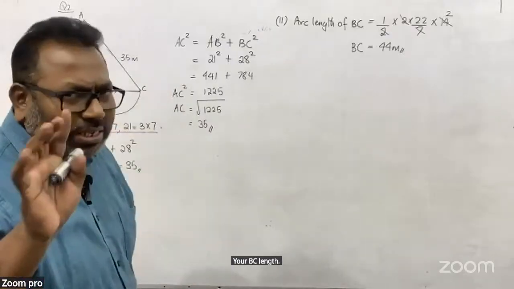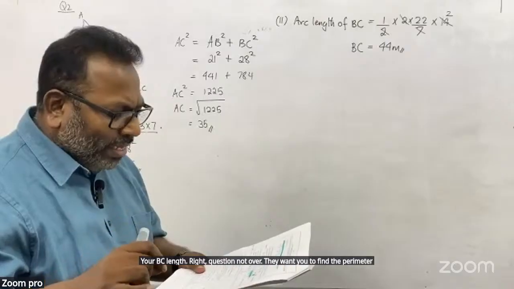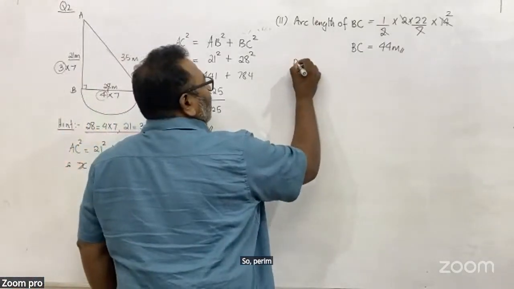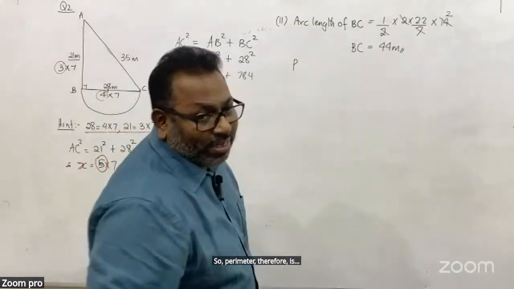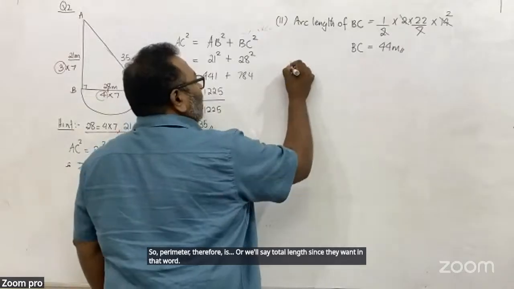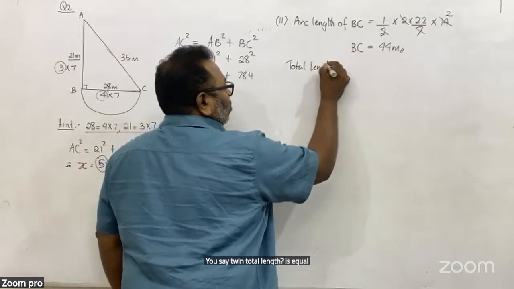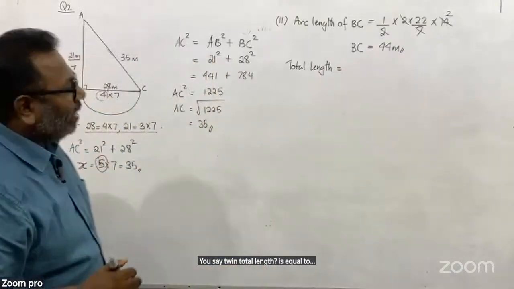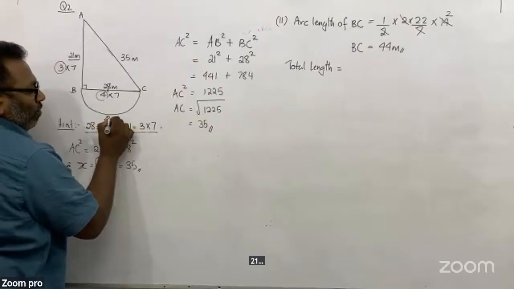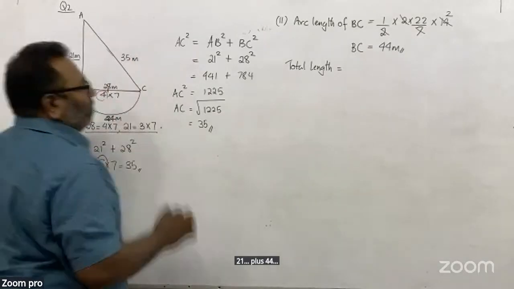Right. Question not over. They want you to find the perimeter. That means they want you to find the total length. So perimeter therefore is, or we'll say total length, since they want that word, is equal to 21 plus 44 plus 35.